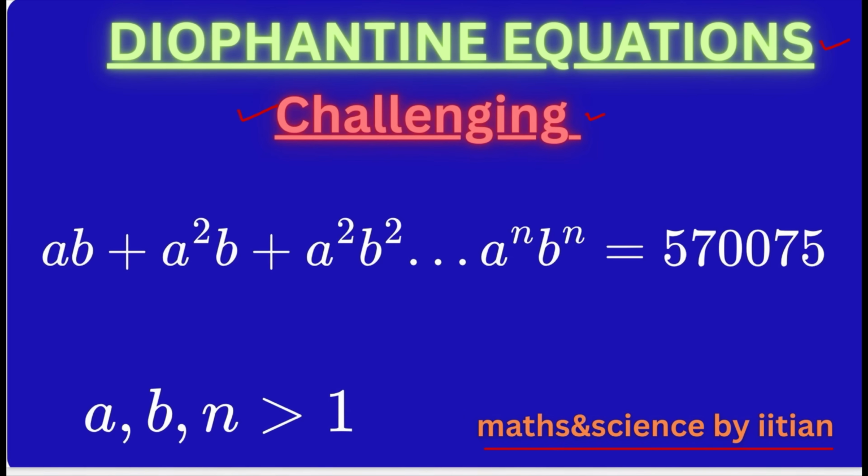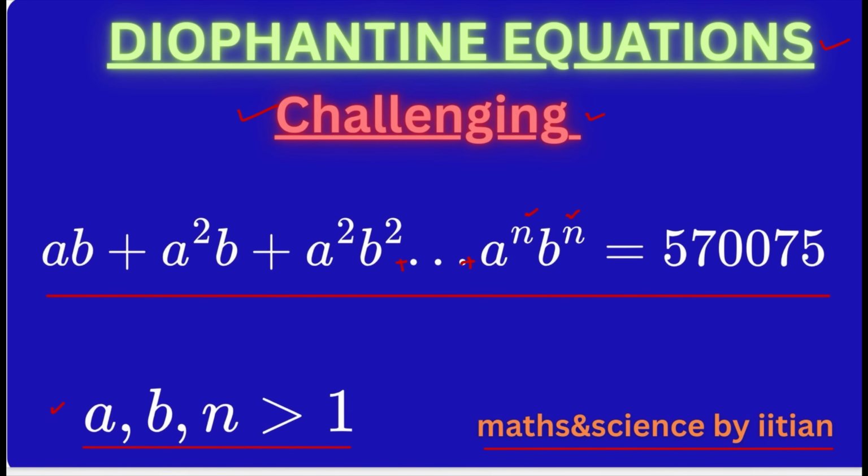to solve the Diophantine equation having three variables, that is, if a, b and n, these are the three variables, are greater than 1, and also ab plus a square b plus a square b square plus a cube b square plus a cube b cube up to a to the power of n b to the power of n is equal to 570075.